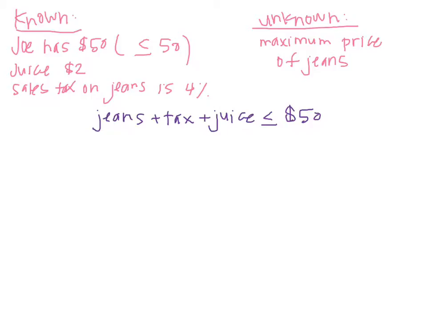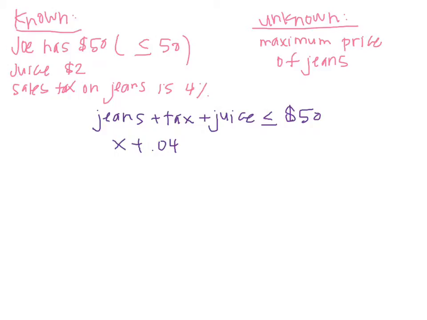I'm going to use that verbal model and create an algebraic model. For the jeans, I do not know how much they cost. That is my unknown, what I'm trying to figure out. My tax, I know, is 4%, or as a decimal, 0.04.